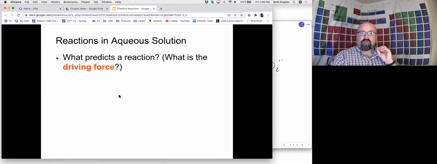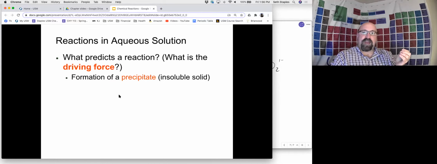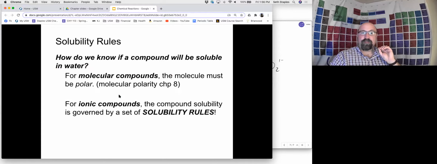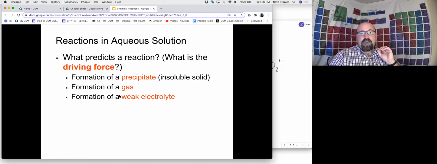And so there are several driving forces behind a reaction. One of those is the formation of a precipitate, which is an insoluble solid, formation of a gas, formation possibly of a weak electrolyte can drive a reaction to happen. And so any of those three things, if those are outcomes of a reaction, or potential outcomes, then they could force a reaction, they could cause a reaction to actually occur.